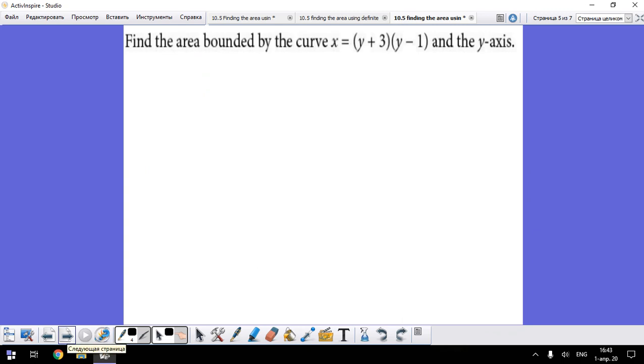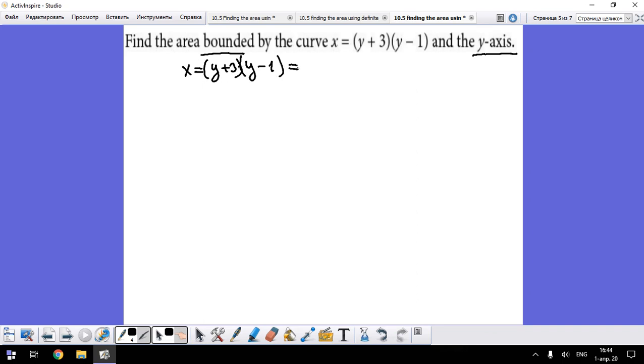Find the area bounded by the curve. Again, we should find the area with respect to the y-axis, where x is the given function f(x), which is already (y + 3)(y - 1).